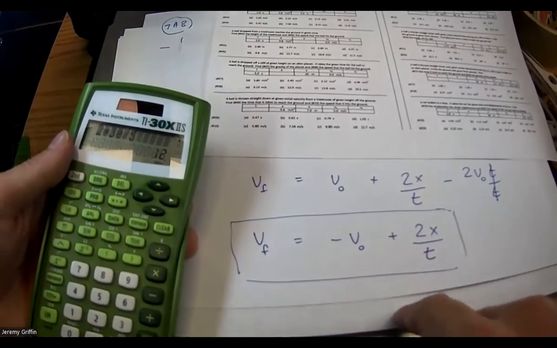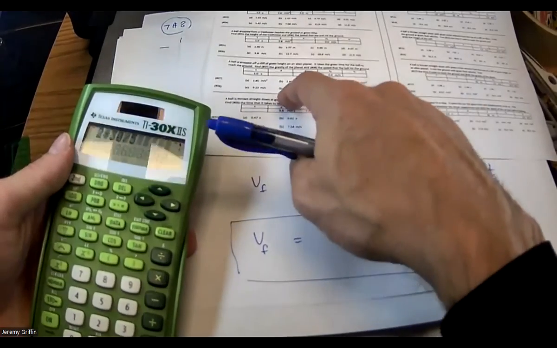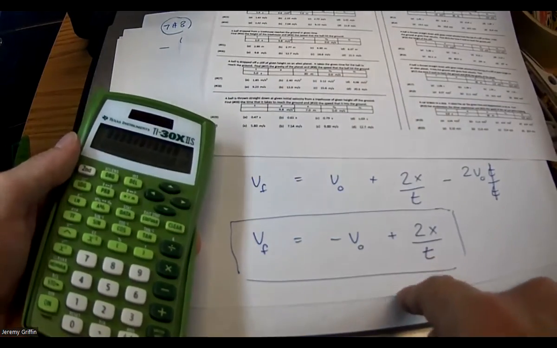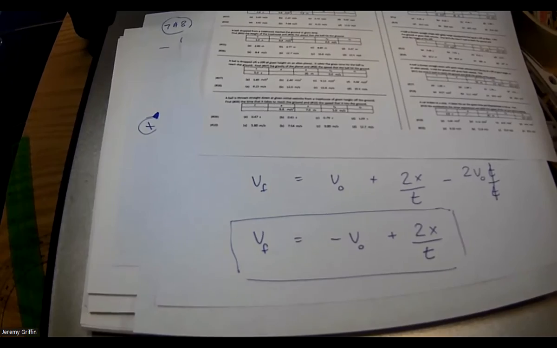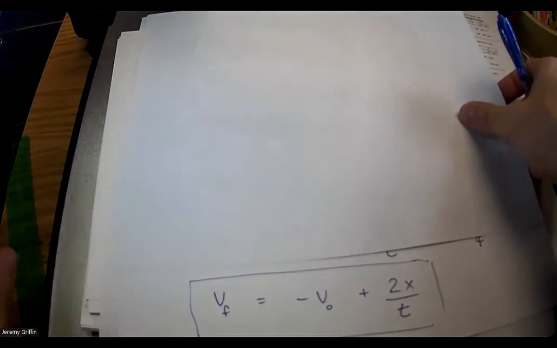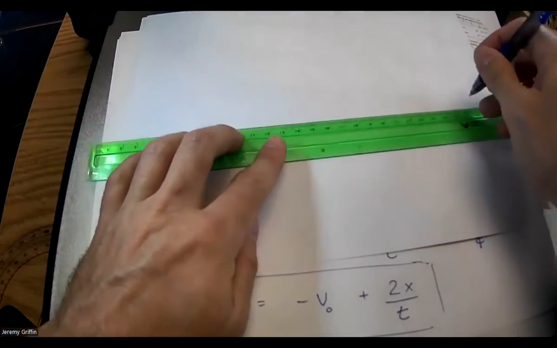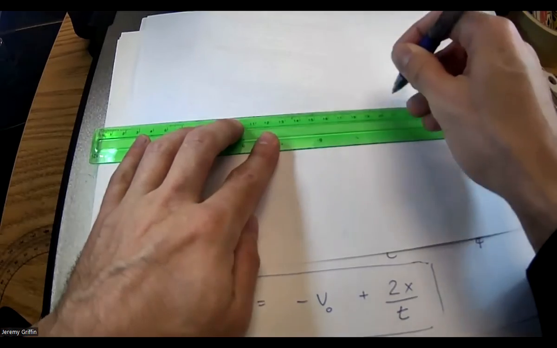I'm getting 12 meters per second, and that is a number on my paper, that's a choice, so that looks good. So this works. Now, why does that expression work graphically? I'll show you three scenarios why it works graphically.